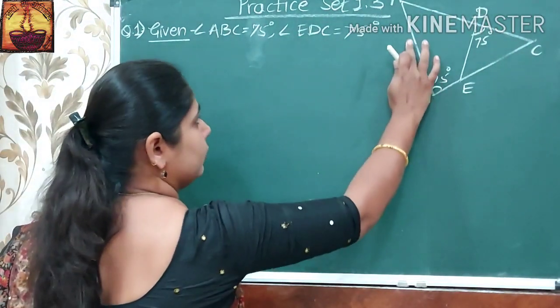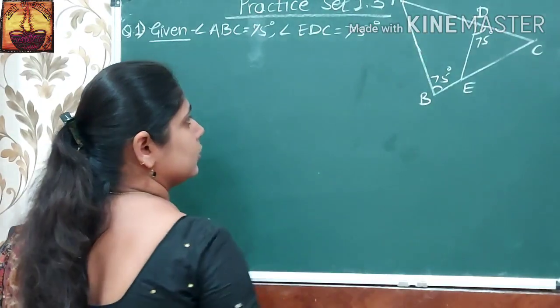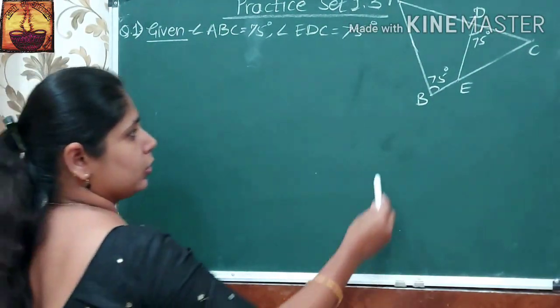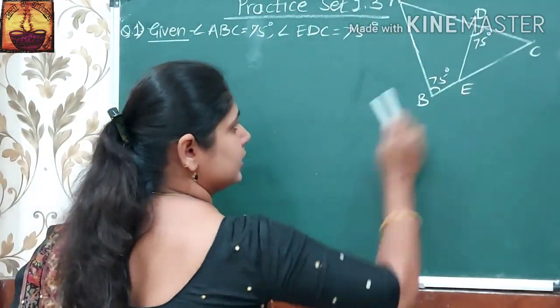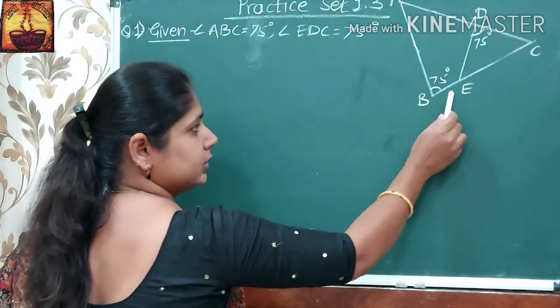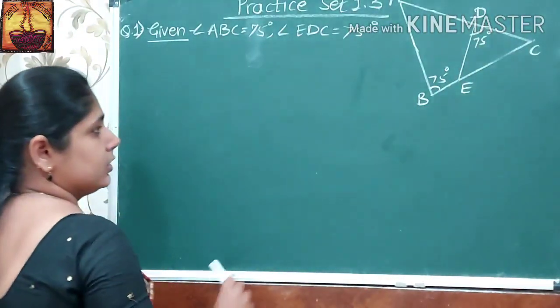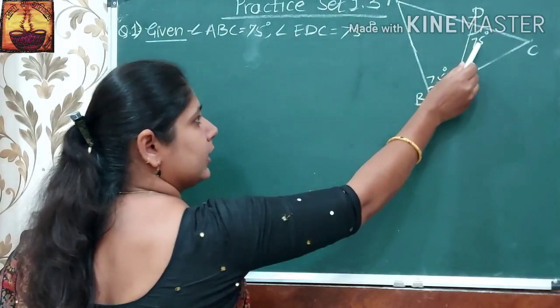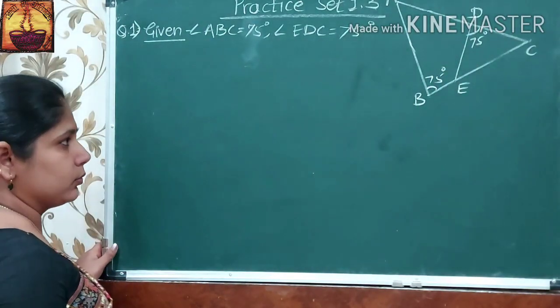First, for finding the two triangles, if we observe, the first triangle is ABC and the second triangle is EDC. Here angle B is 75 and angle D is 75.